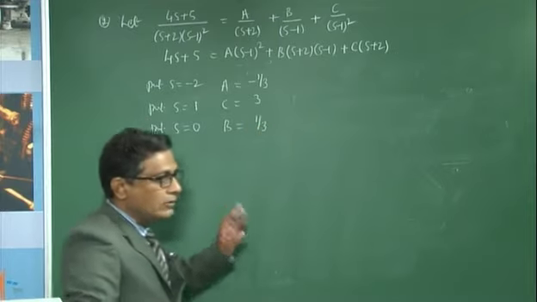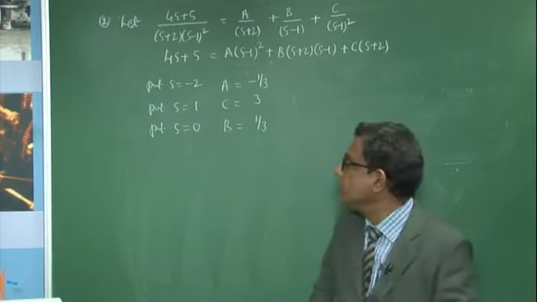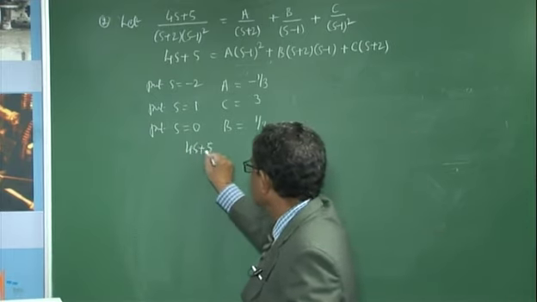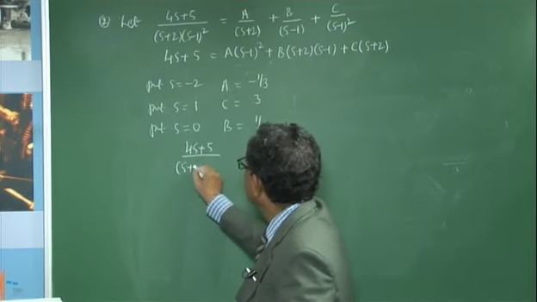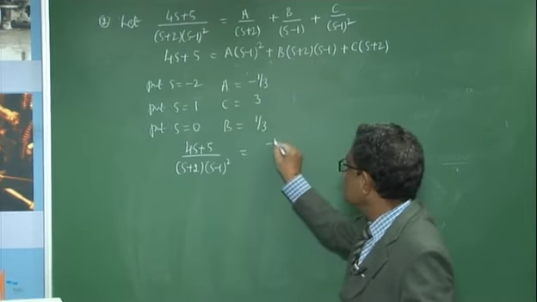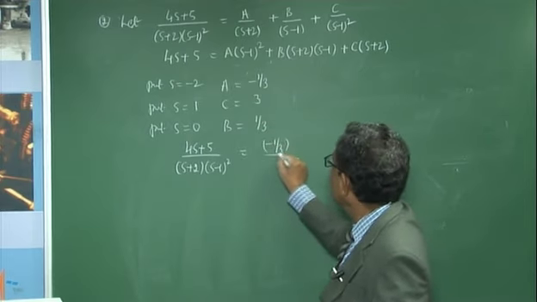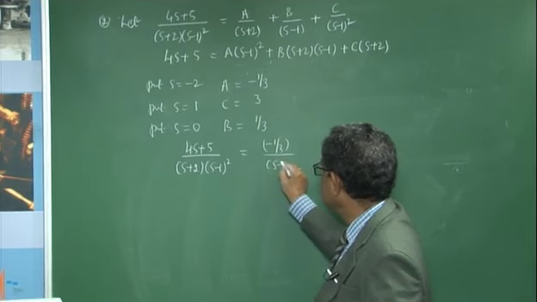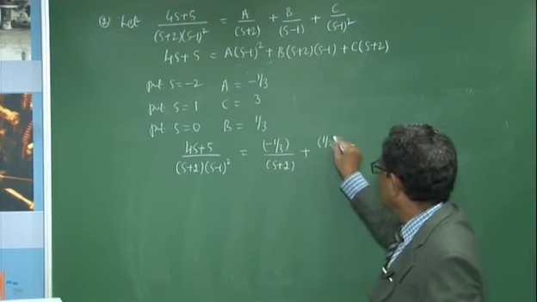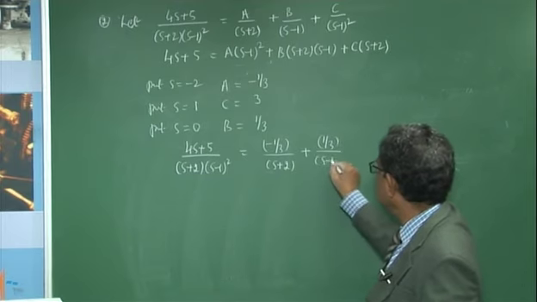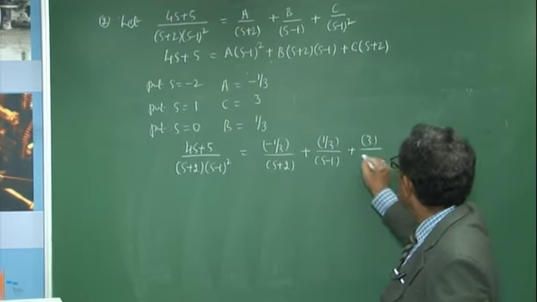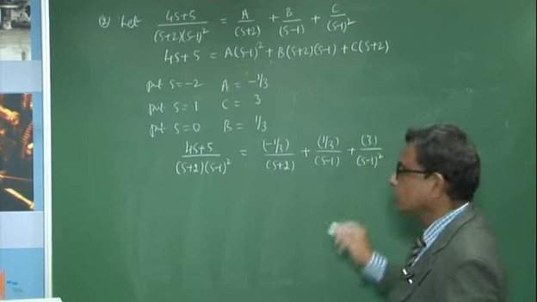Now we have the values of A, B and C. Now just substitute the corresponding values in the given expression: A is −1/3 divided by (s + 2), B value 1/3 divided by (s − 1), C value 3 divided by (s − 1)².